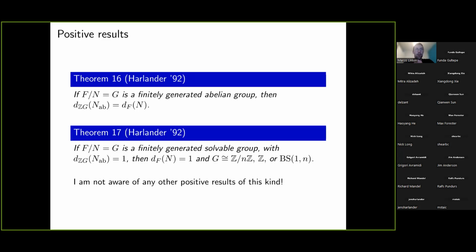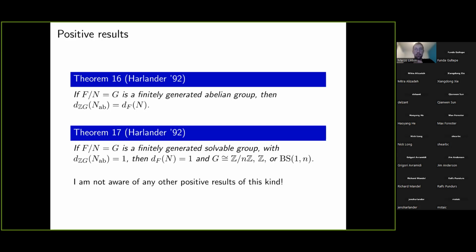Hollander proved that if you have a finitely generated solvable group which has a presentation with cyclic relation module, or rather the rank of the relation module is 1, then in fact the normal rank of the presenting subgroup N is also 1.